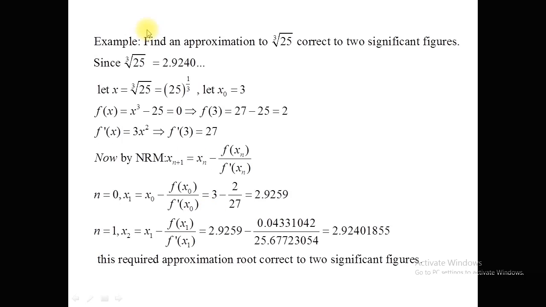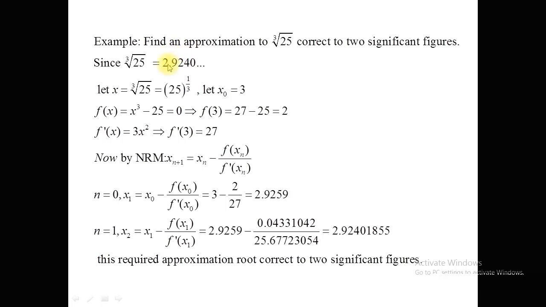Now another example, to find the approximation of the cube root of 25 correct to 2 significant figures. Dear students, you can easily calculate the cube root of 25 using a scientific calculator. We get 2.9240 and so on.